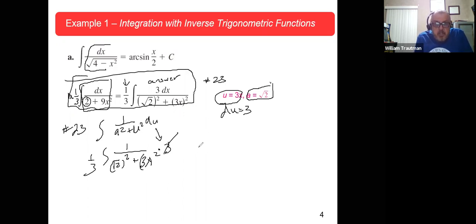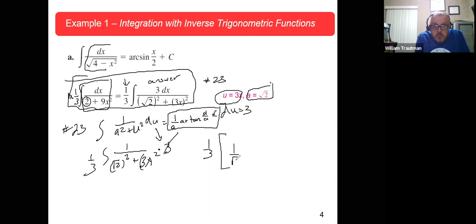So we have 1/3, and then the formula, by the way, number 23, the formula for this is 1 over a arctangent u over a plus c. That's the formula. So we have our 1/3 in front, and then we're going to have 1 over a.